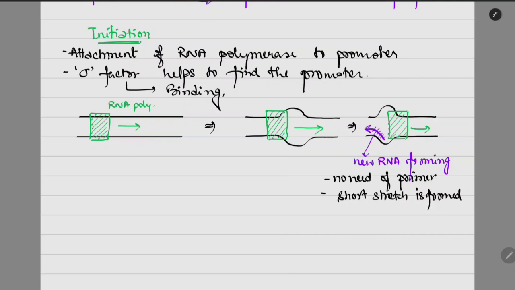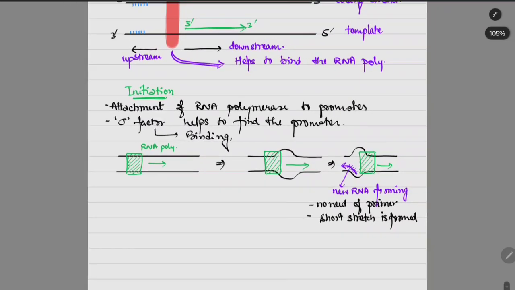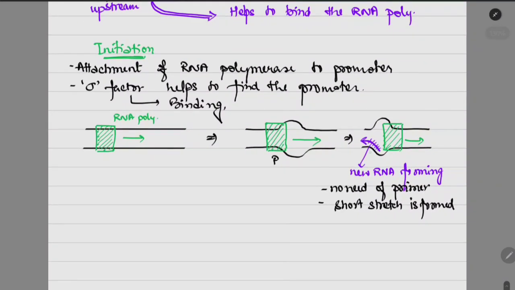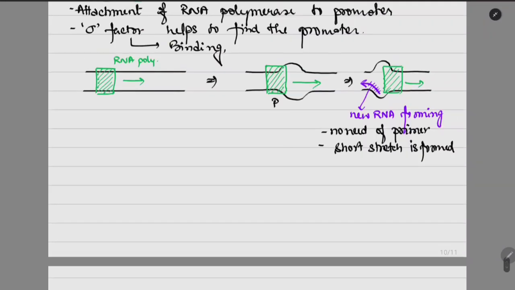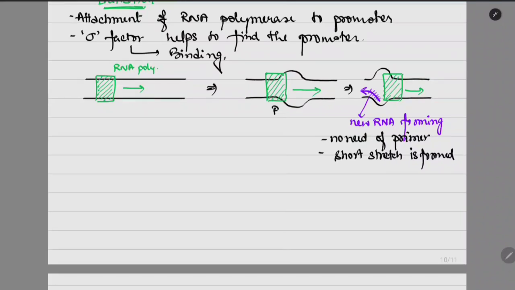Now after the initiation, the polymerase leaves the promoter site at the backward point and goes forward, towards the replicating direction. So there is shifting of the RNA polymerase while forming the new RNA strand. These are the main steps taking place in the initiation.